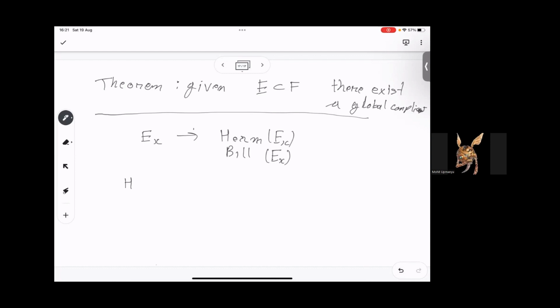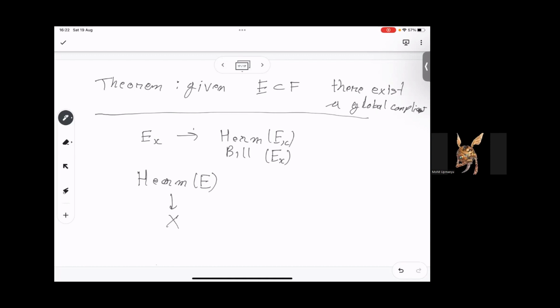Right. So for every point we want to assign a Hermitian metric, what we can do is take the vector bundle Herm E. What is this vector bundle?